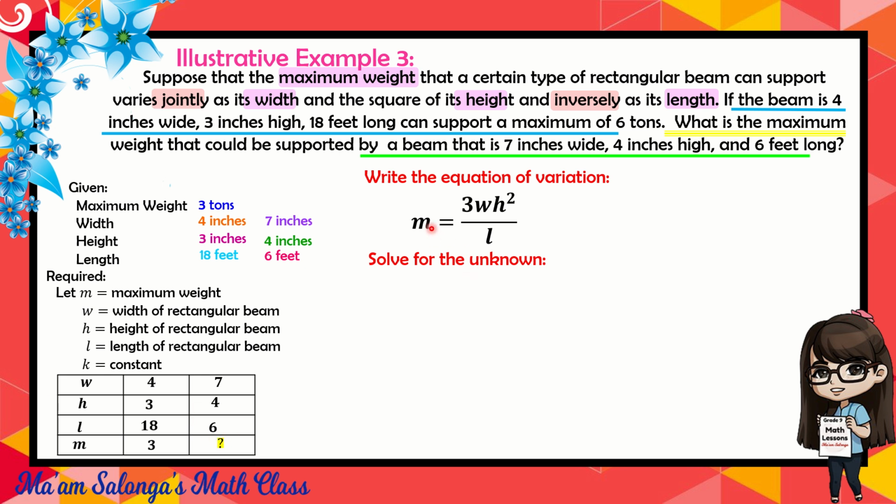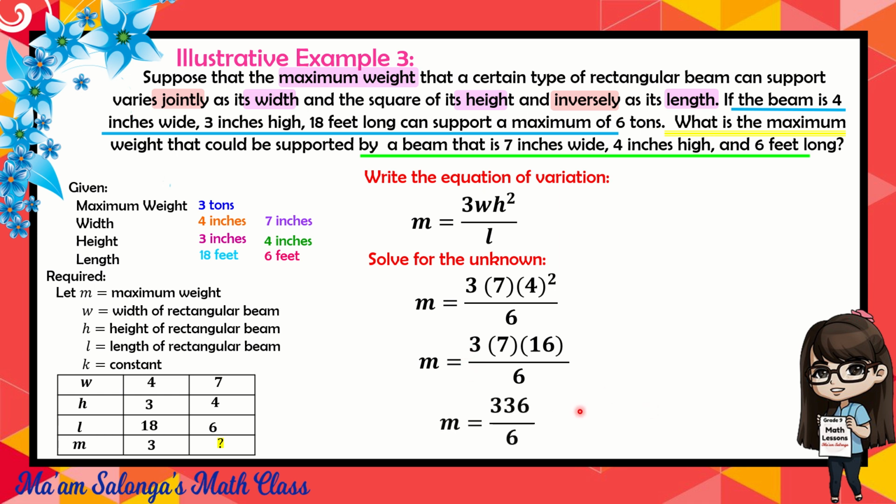All we have to do is to substitute the given values of W, H, and L. So we have M equals 3 times 7 times 4 squared over 6. Let's simplify it further. 4 squared is 16. Then, so that we don't have to multiply large numbers, we can do cross cancellation since 3 and 6 are divisible by each other.